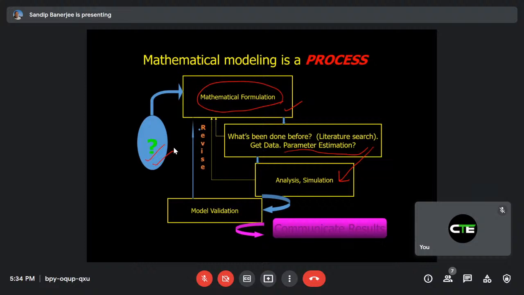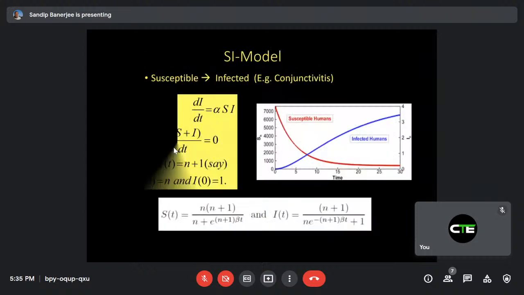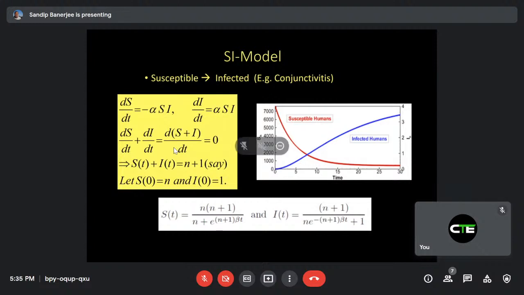To start with, I will mainly discuss two aspects. One is the one which hit us, the pandemic model. It is called the susceptible-infected model, or in short, the SI model.